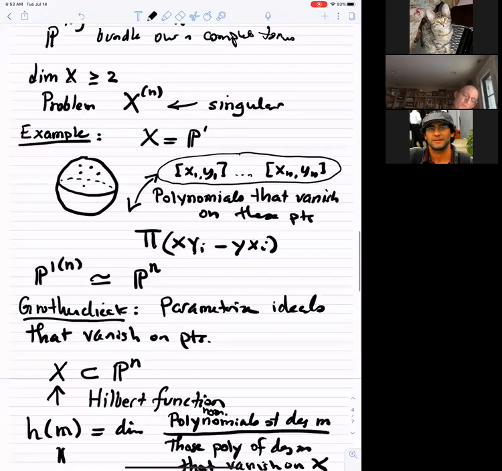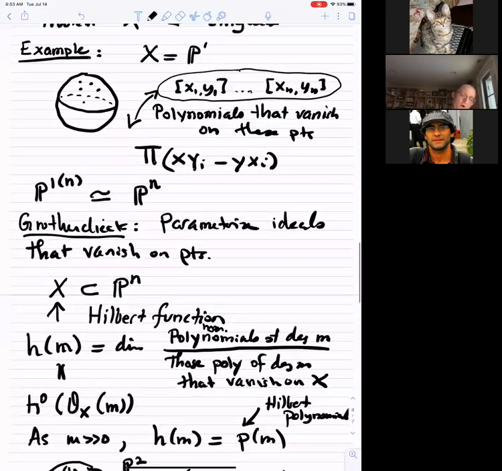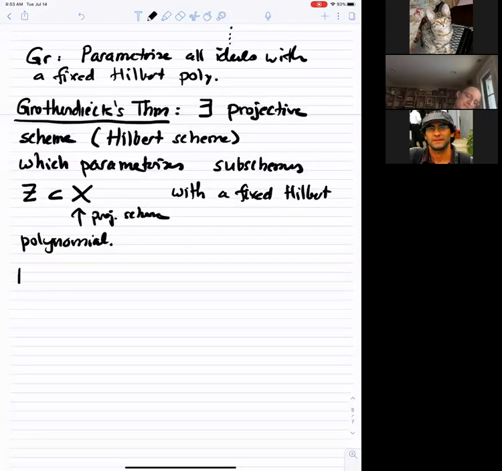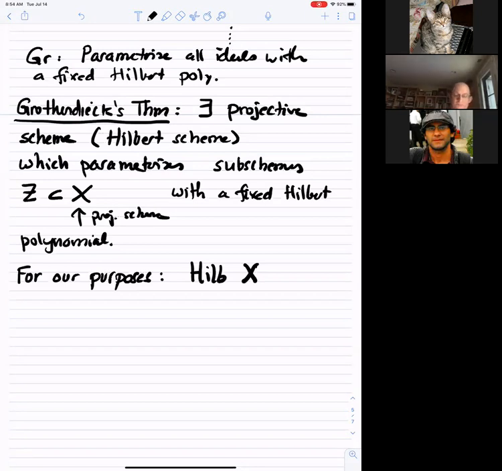For our purposes, we would like to look at the Hilbert scheme of X corresponding to a constant polynomial n. For short, that's usually written as the Hilbert scheme of n points.